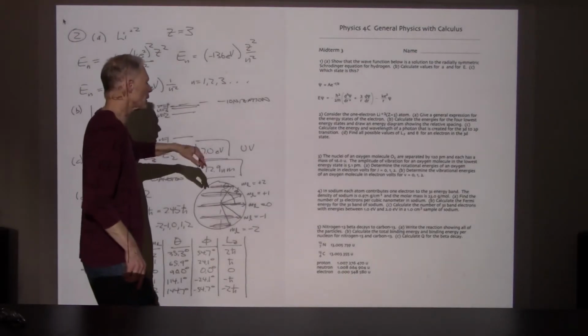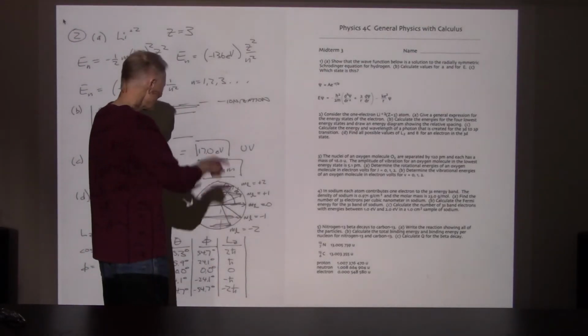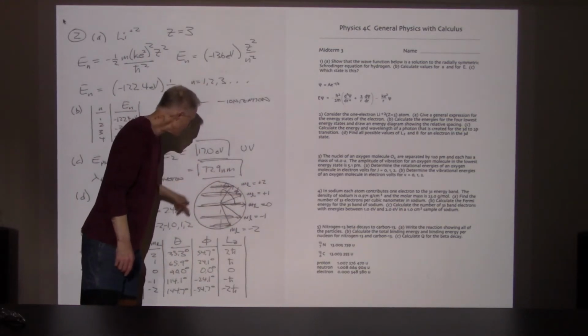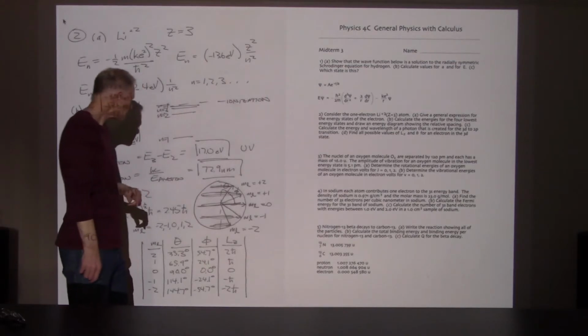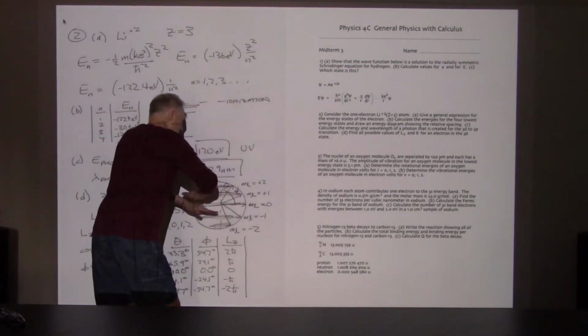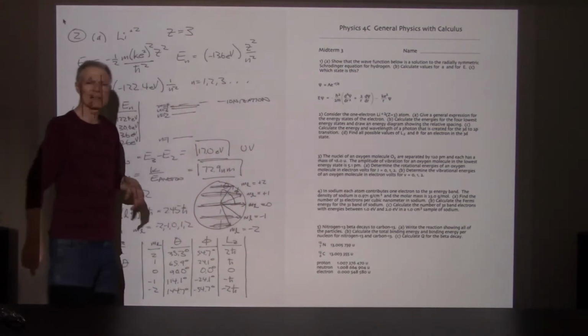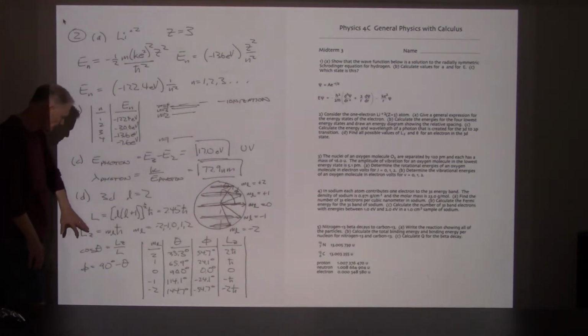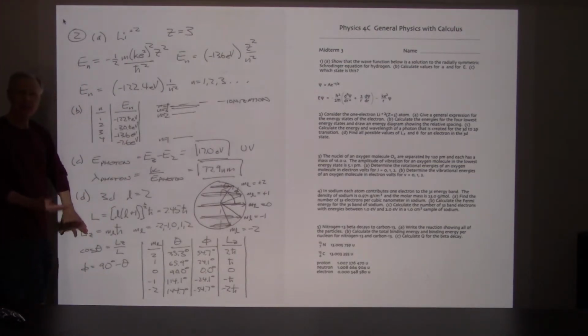Now I drew this little diagram. I don't think it asked for it. I'm going to get extra credit, I think, maybe. So I drew this angular momentum diagram. What this is saying is that this is the xy plane for angular momentum, and then the vertical axis is representing the z component. So in quantum mechanics, we can pick one axis, and by convention we call that axis the z-axis.